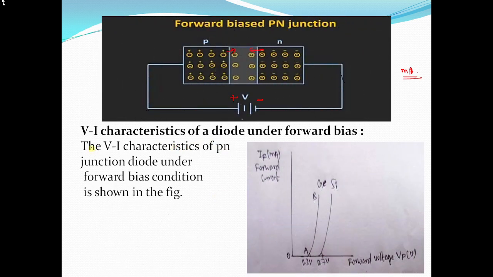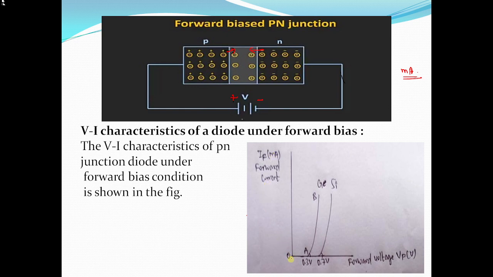Now, if we see the VI characteristics of the diode under forward bias, you can find that this is the forward current and this is the forward voltage in volts. Forward current is in milliamperes.